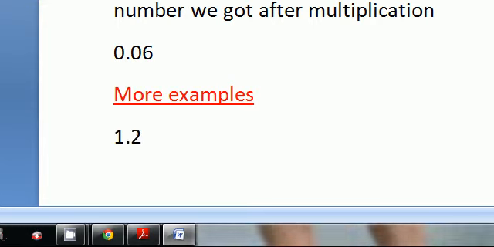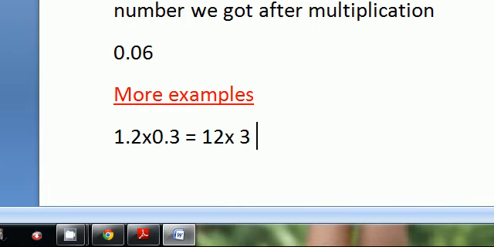Like 1.2 when multiplied with, suppose, 0.3. We will simply multiply the numbers ignoring the decimal. 12 multiplied by 3, what we get is 36.